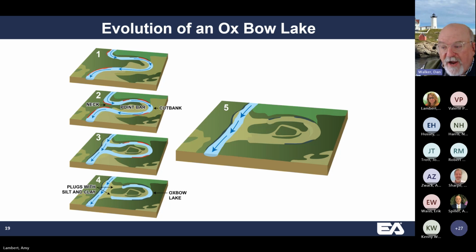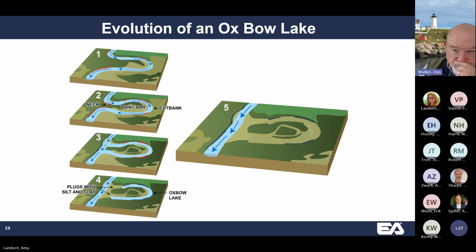So it's actually a fairly complex setting. It's not a random distribution of coarser material. It's not a homogeneous distribution of material. It's actually a fairly anisotropic setting, but we can interpret that information as long as we understand what we're dealing with.